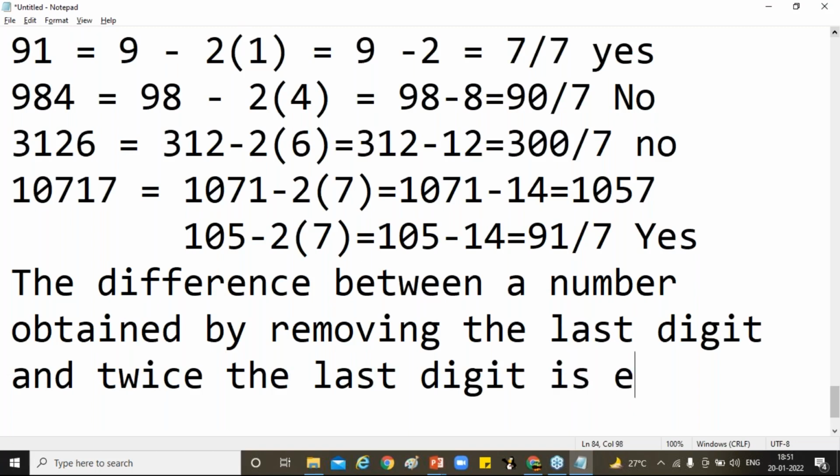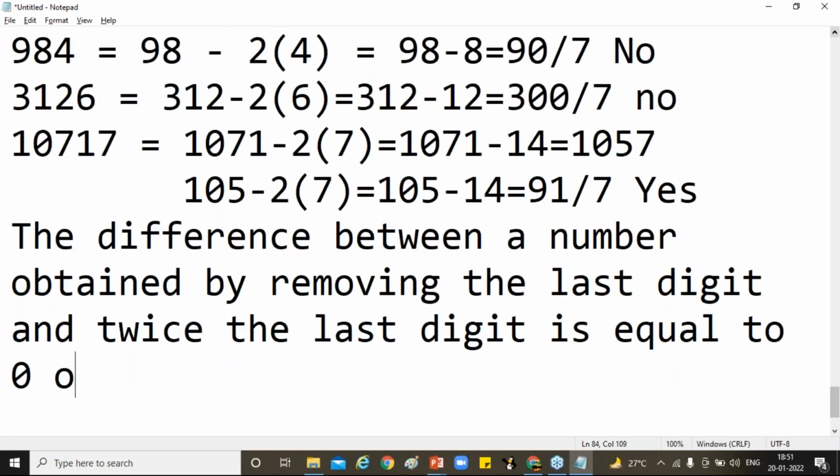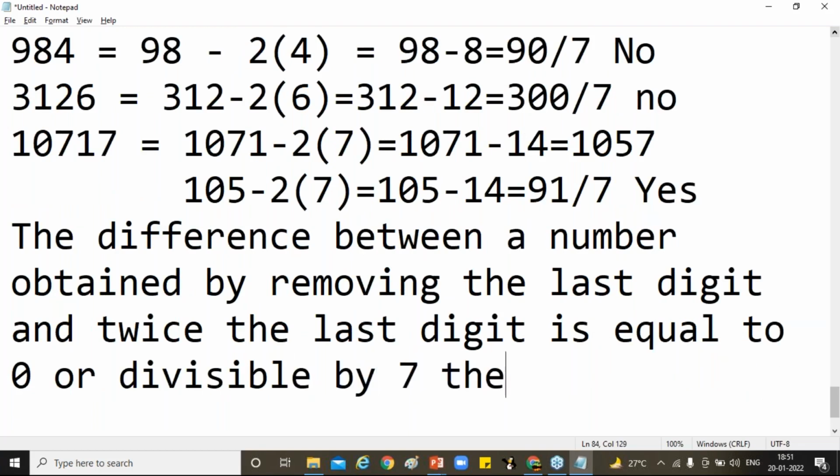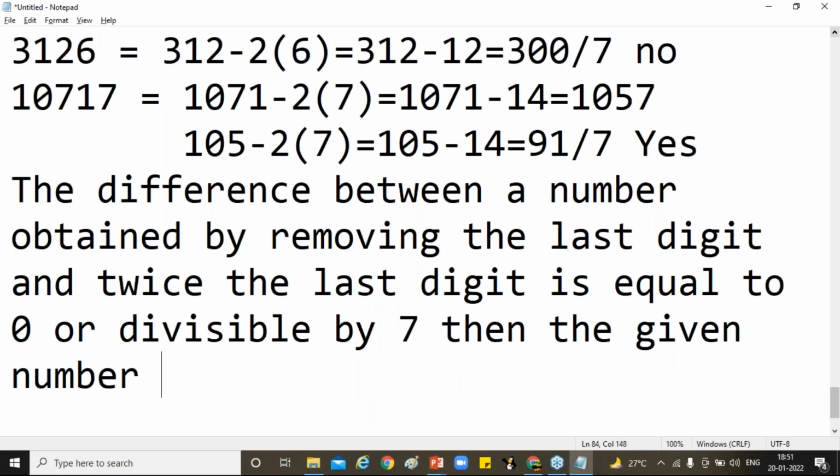is equal to 0 or divisible by 7, then the given number is exactly divisible by 7.